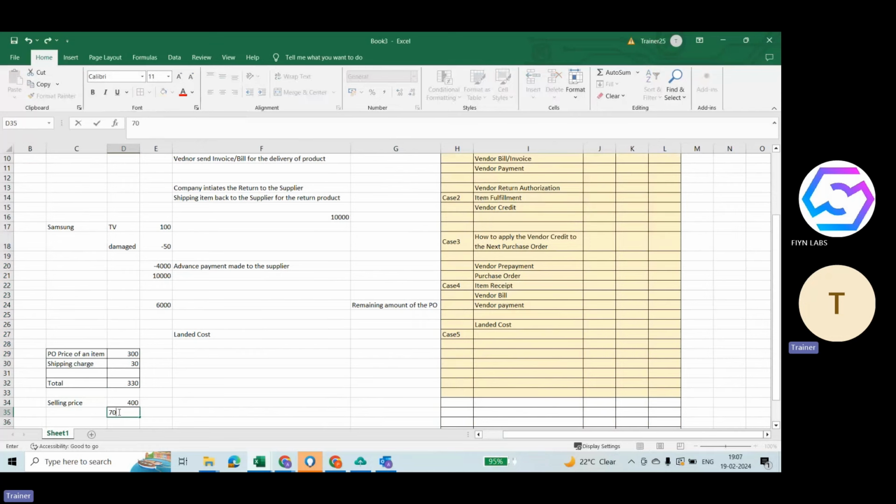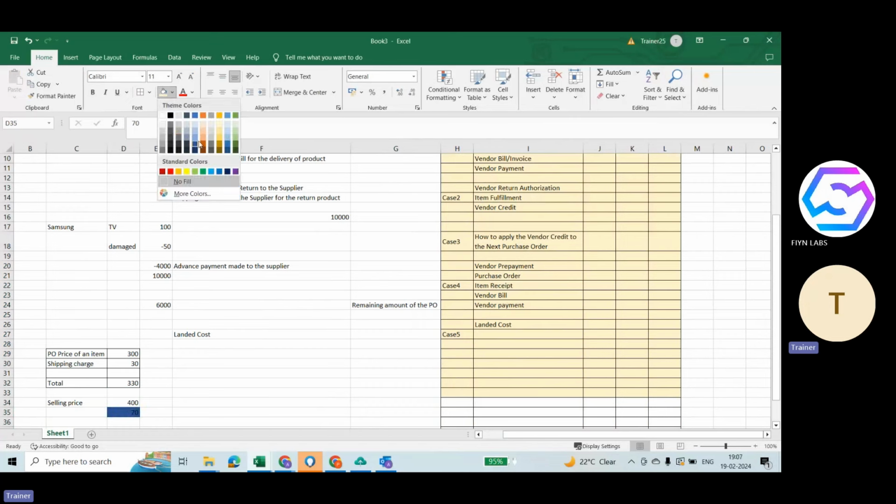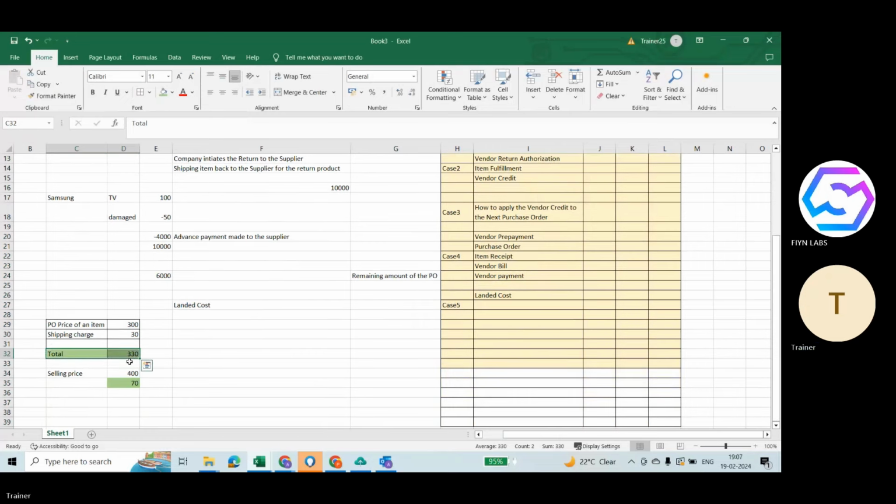So my profit is only $70. Some customers say that they will capture $70 as their profit, because the total price they paid matters, including the shipping charge. So some customers say landed cost needs to be included with the purchase price of the item, and then they decide the selling price, and on top of it their profit or margin is calculated.